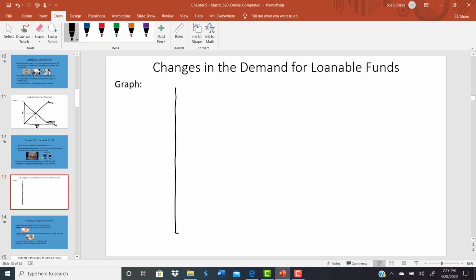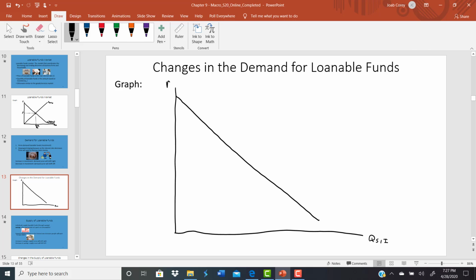So again, we're going to have a vertical axis and a horizontal axis here. You have the real interest rate, and you're going to have the quantity of money being saved and invested. And you're going to have a downward sloping demand curve. This is going to represent the demand for those investment funds or those loanable funds.